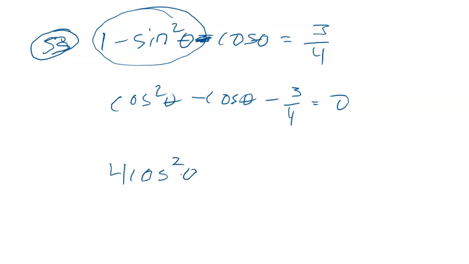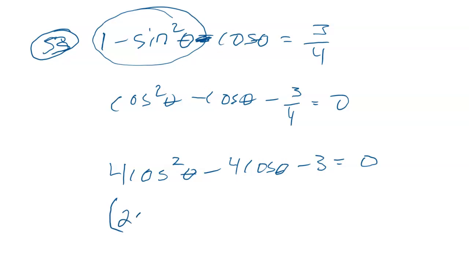4 cosine squared theta minus 4 cosine theta minus 3 equals 0. Wait. Does that work? 6 and 2. It works. All right.